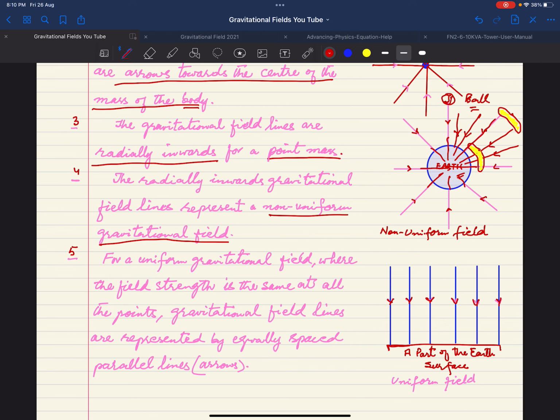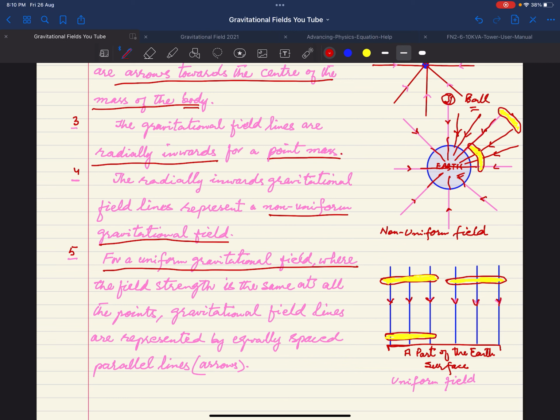These parallel lines show that whether you keep your body somewhere here, or here, or here, the change in position does not affect the gravitational field strength on this surface. When we have this type of situation, we can say that we are dealing with a uniform gravitational field. And to represent a uniform gravitational field, we have parallel lines.